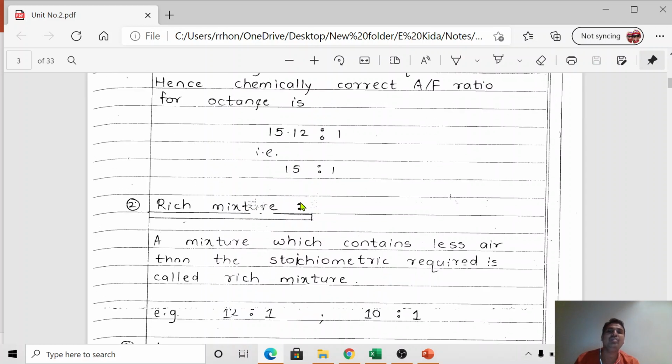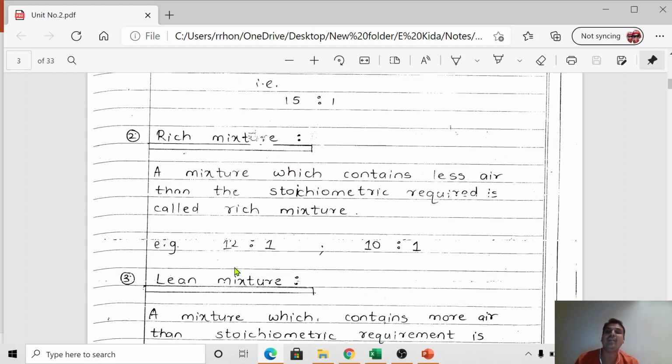As we just discussed, 15 kg of air is required for burning 1 kg of octane completely. But in the case of a rich mixture, the amount of air is always less than 15 kg, and all those ranges are called a rich mixture.